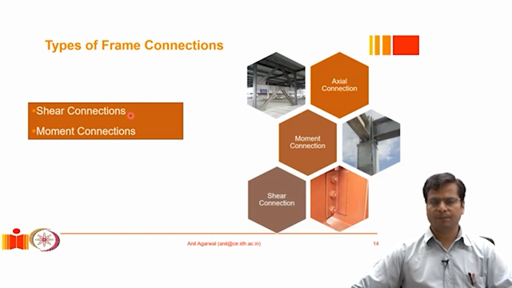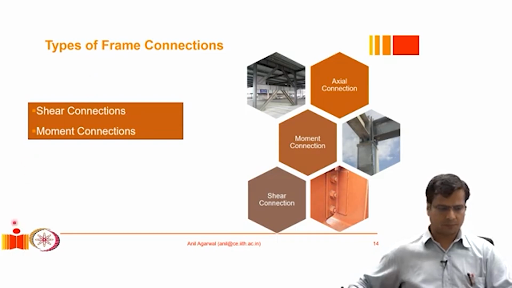The connection of the girders or the beams to the columns is in many cases not a moment connection, but simply a shear connection, and shear connections are also referred to as simple connections. Moment connections are also referred to as rigid connections.